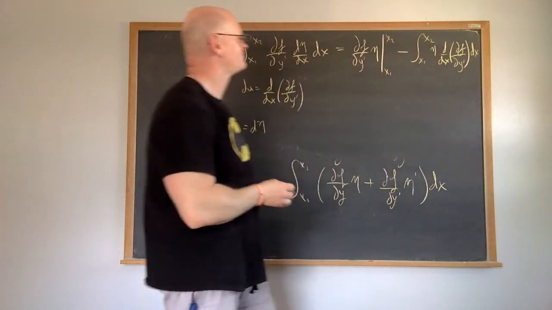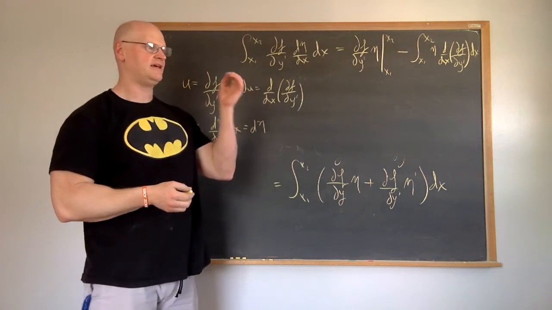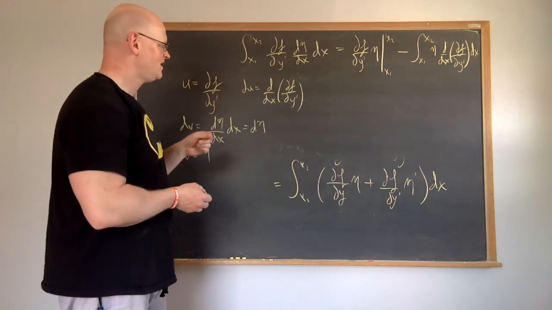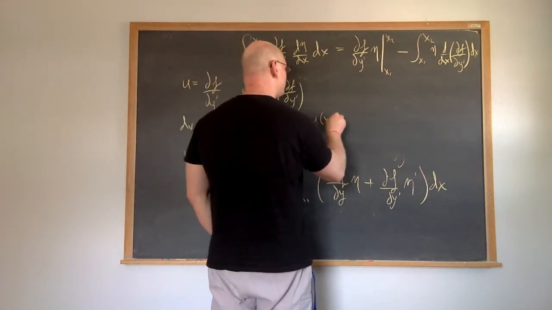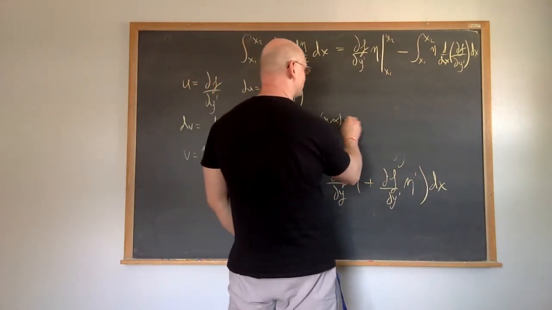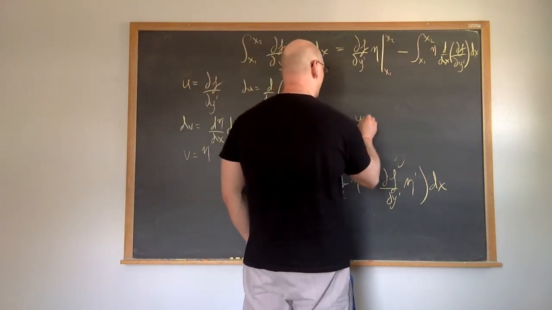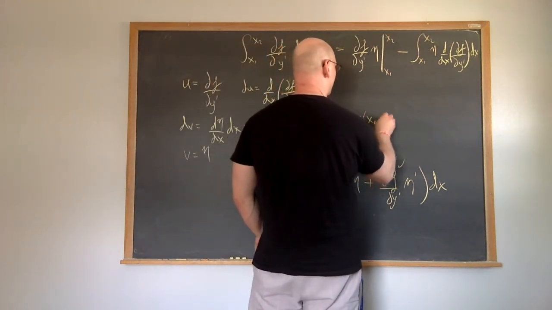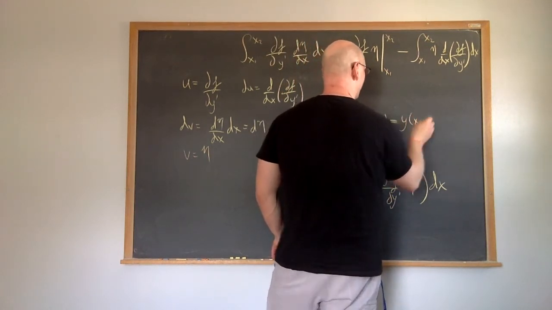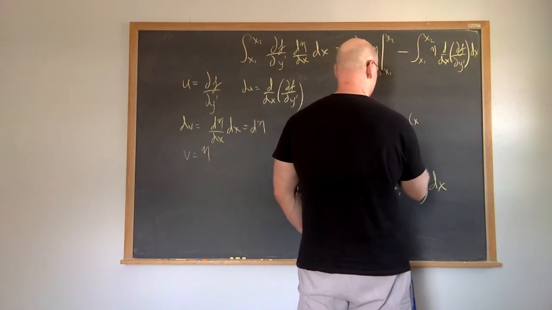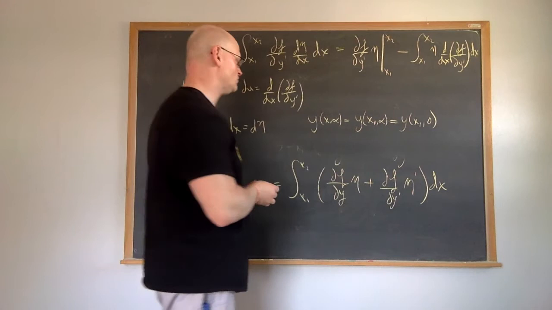Okay. Now, one thing that has to be true about eta, again, is that the different paths which I choose, so again, all of these different y of x of alphas, all have to be equal to the same value at the boundary, which basically means that y of x1 of alpha must be equal to y of x1 of 0. Right? This has to be true.